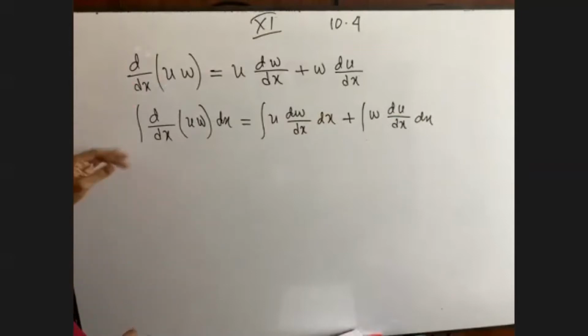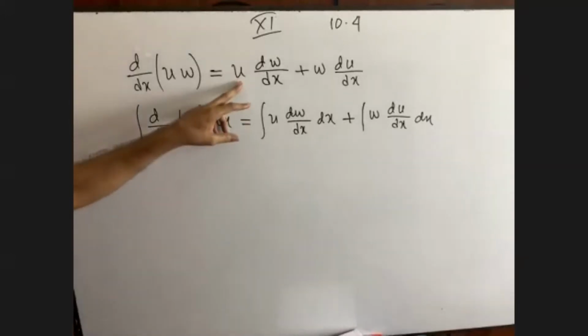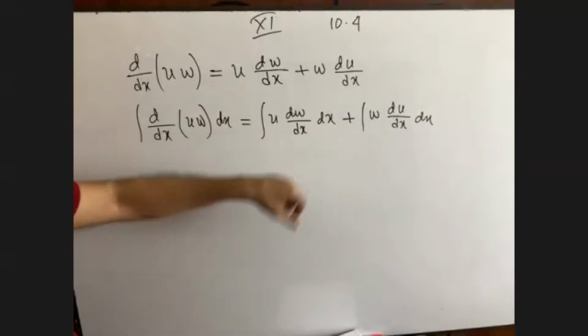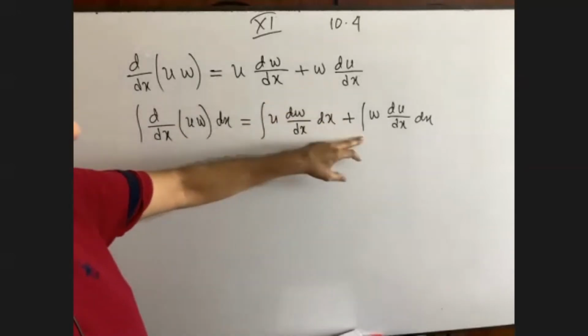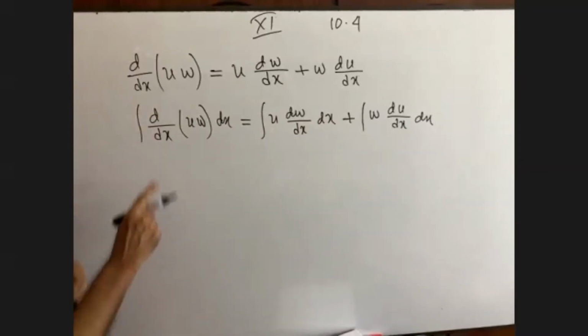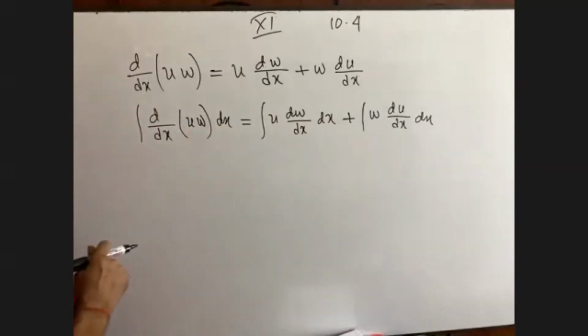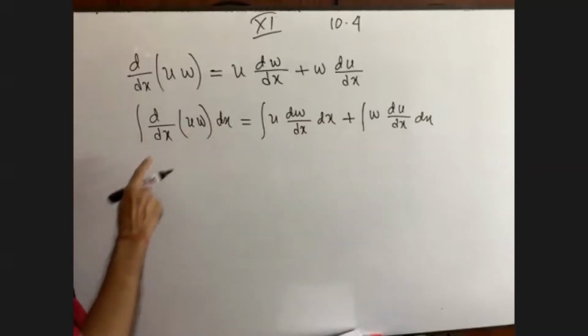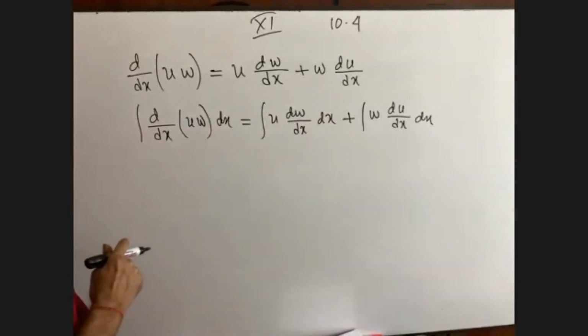Now, in the second line, we have integrated. You see, integration sign as well as dx. Suppose dx will be omitted.